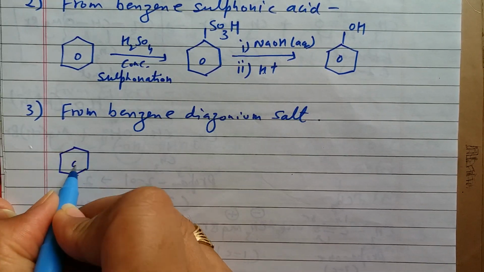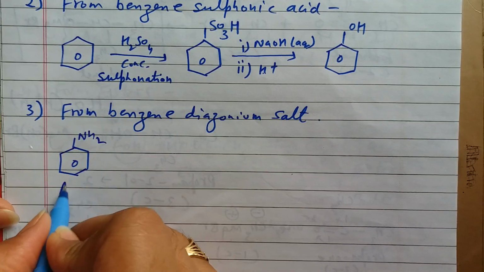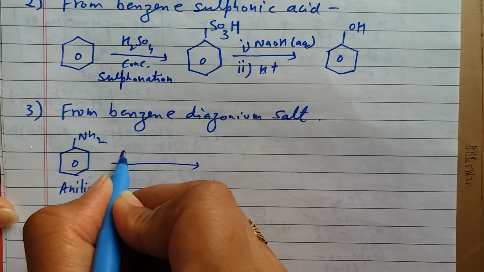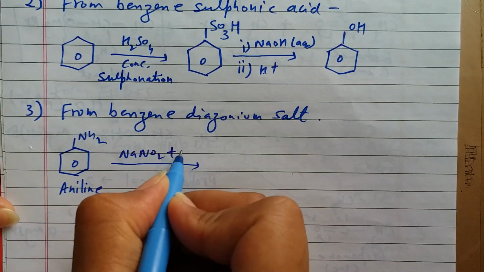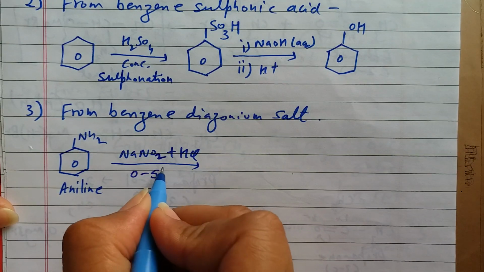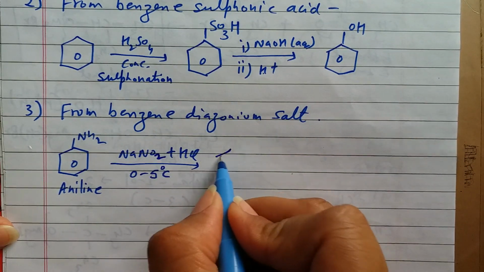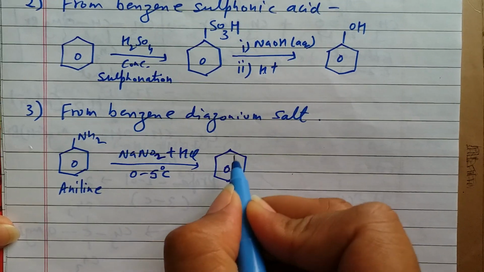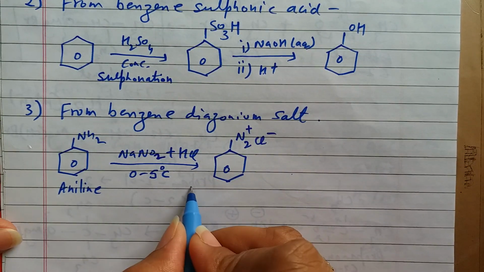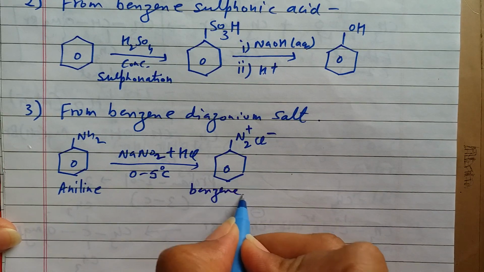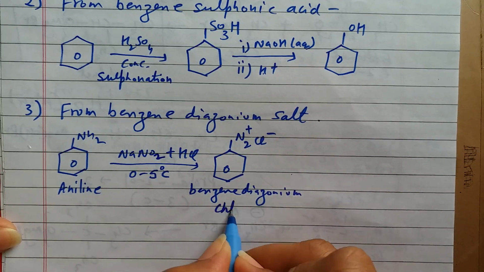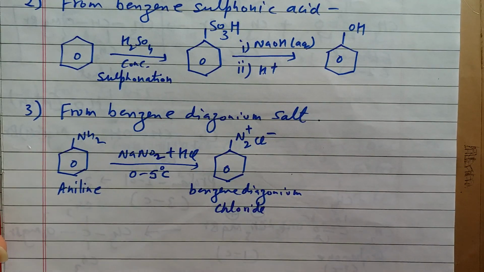Here we start with aniline, which is an aromatic amine, and we make it react with NaNO2 and HCl, sodium nitrite and HCl, at 0 to 5 degrees Celsius, and this forms the benzene diazonium salt, which is benzene with N2 plus Cl minus. So this is your benzene diazonium chloride. It's a diazonium salt, benzene diazonium chloride.